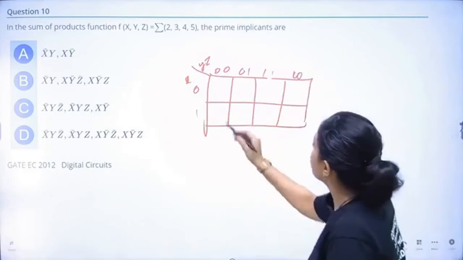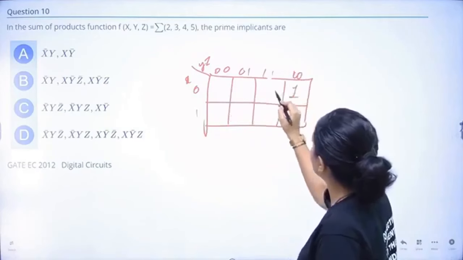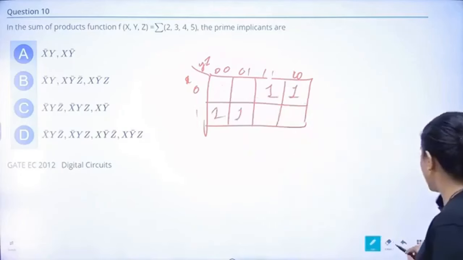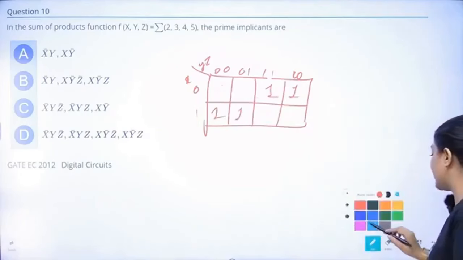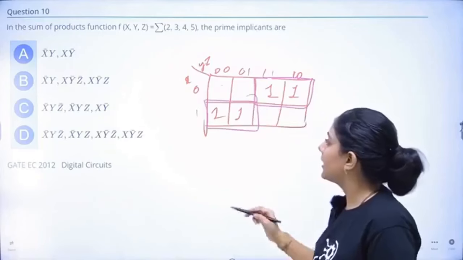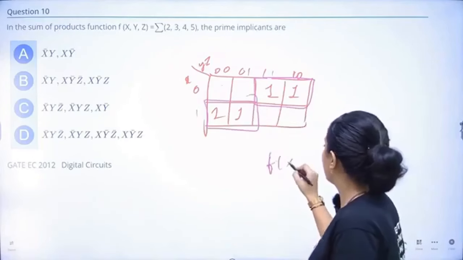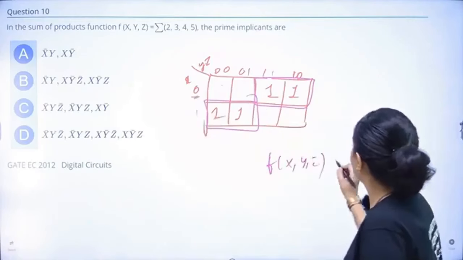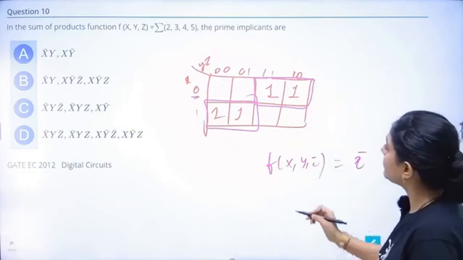Values 0, 1, 2 are the prime implicants. See, for x y it will become 0. So this is x bar.